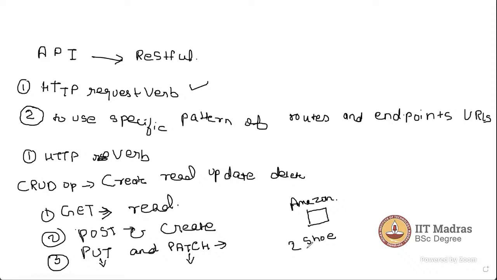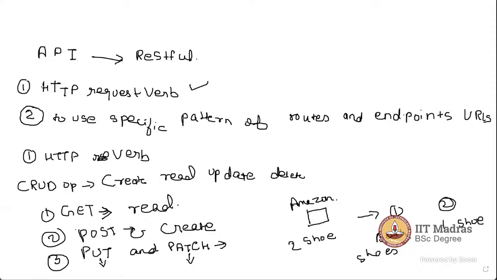So Amazon will give you two options: either both shoes will be replaced, or only the one shoe which is damaged.